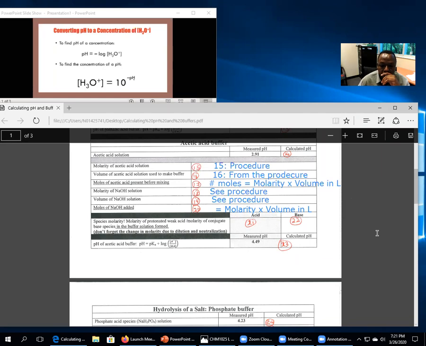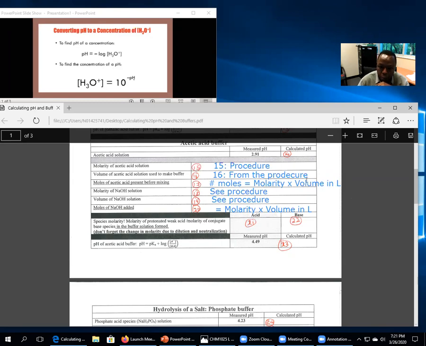You need to calculate the pH of your buffer. Just like 11 and 12, you'll proceed the same way as step 11 and 12. For 21 and 22, it's the same way. How will you proceed for that?